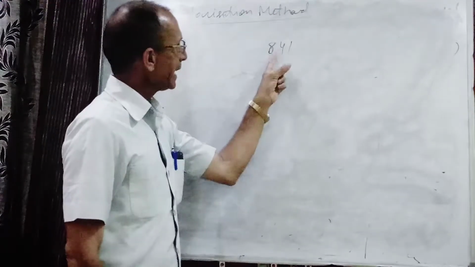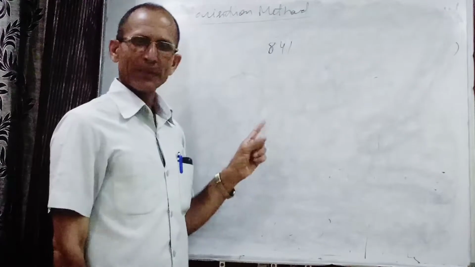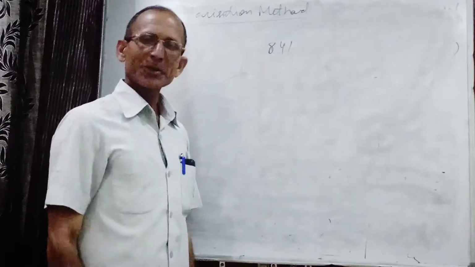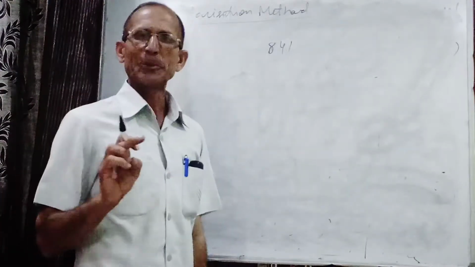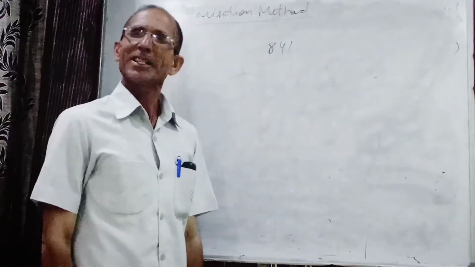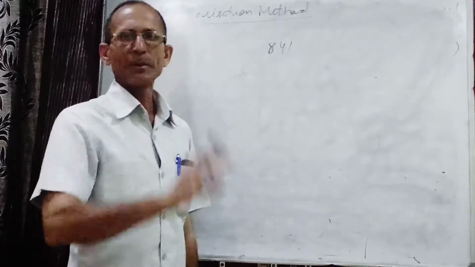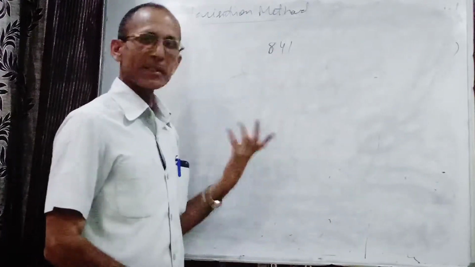Digits are 8, 4 and 1. Their sum is 8 and 4, 12, 12 and 1, 13. So 13 is not divisible by 3, so this is not divisible by 3. And this is not divisible by 4, because the last digit is odd. If the last digit is odd, it will not be divisible by 4. This is not divisible by 6 or 7 also.